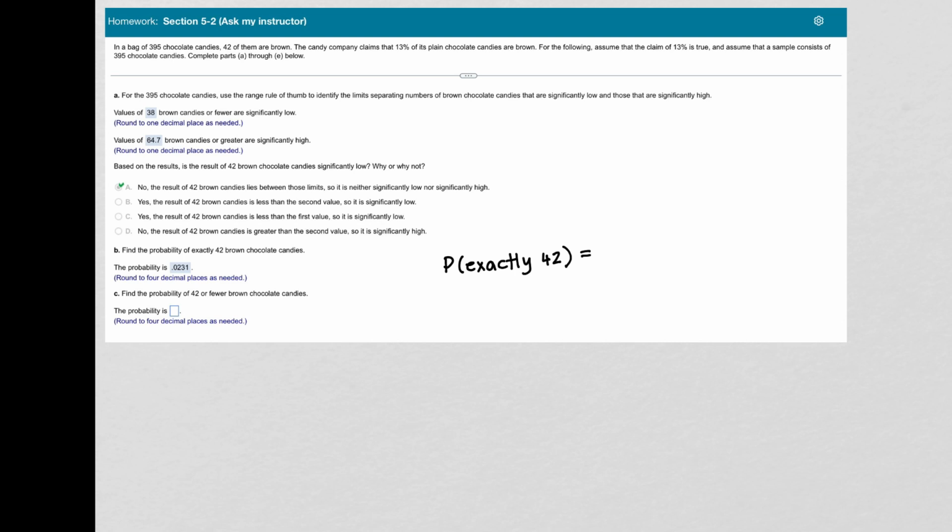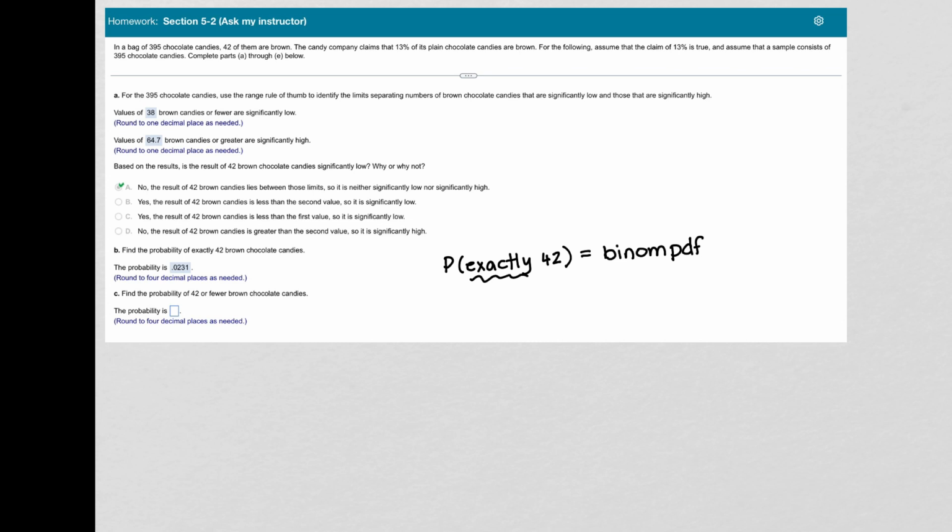And I'm actually going to use not the formula, but the function in the calculator. So because it's exactly 42 candies, we're going to use the binom PDF function.